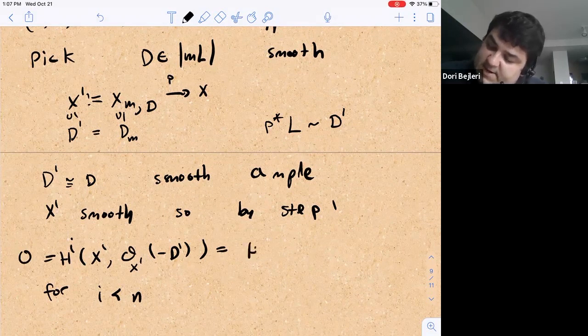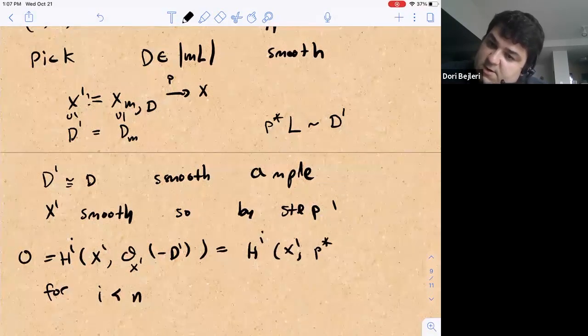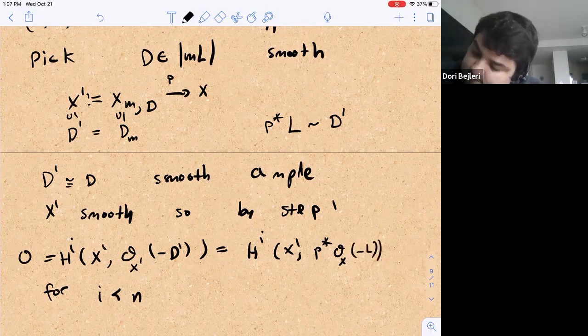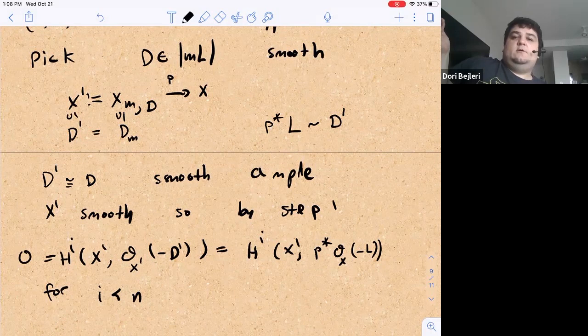So this is the same as saying that H^i of X prime with coefficients in P upper star of the divisor we care about is 0. Okay, so what we've shown is that there's some m-fold cyclic cover where when we pull back our divisor, we have vanishing for that divisor on this cyclic cover. And now the last step is to show that that implies vanishing on our original X.